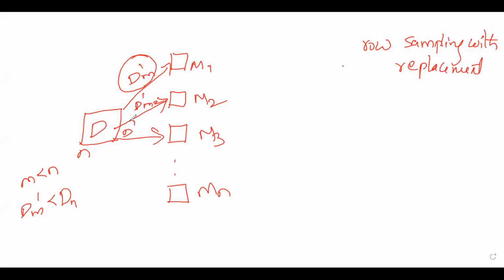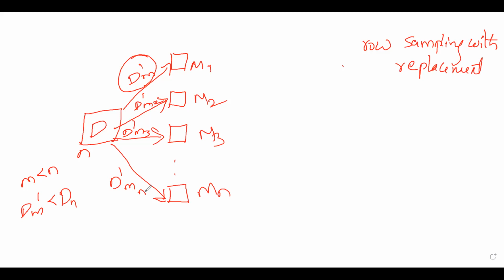Use this technique and provide a sample to the next model. The same for D dash M3, and so on, D dash Mn. So we will have different datasets D dash M, where the first is not the same as the second, and the second is not the same as the third.